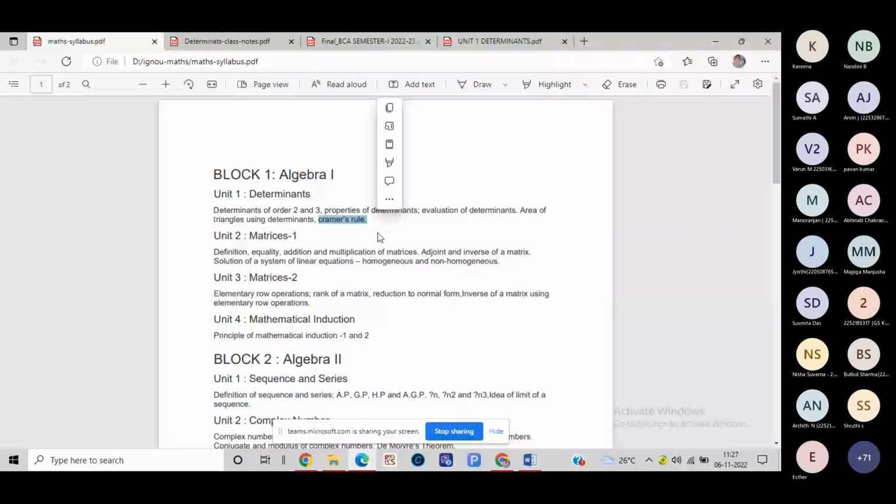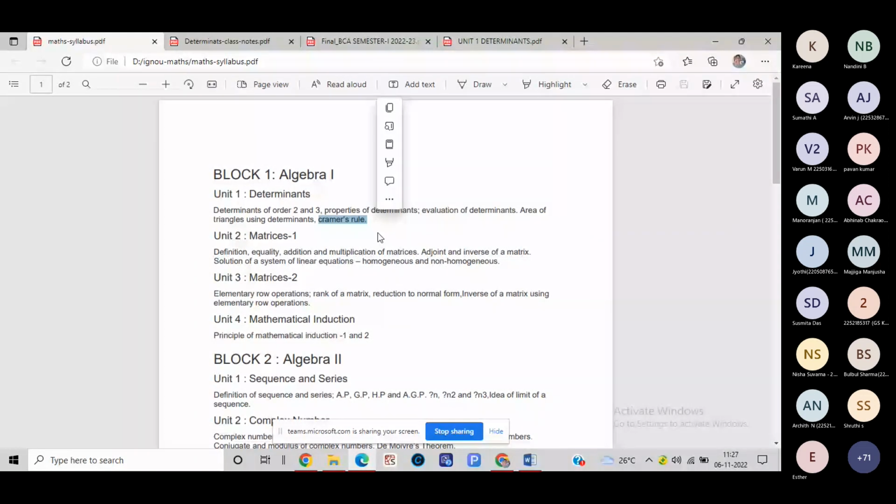After determinants, we move on to matrices. Matrices can be classified into advanced level and basic level. The basic level covers what a matrix is and how it is represented. If you have two matrices, what is the addition of the two matrices and what is their multiplication?